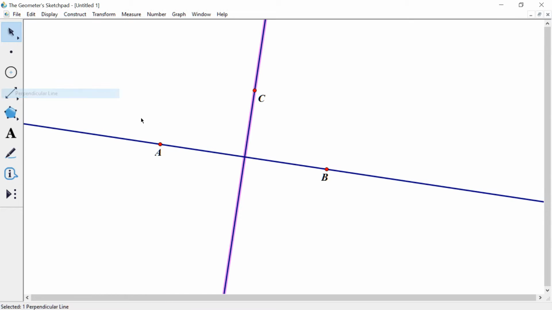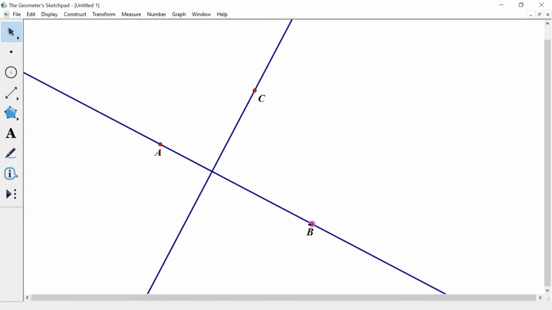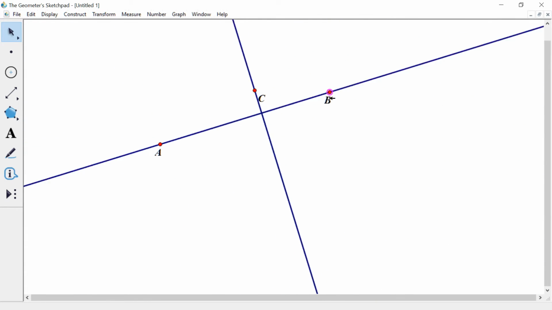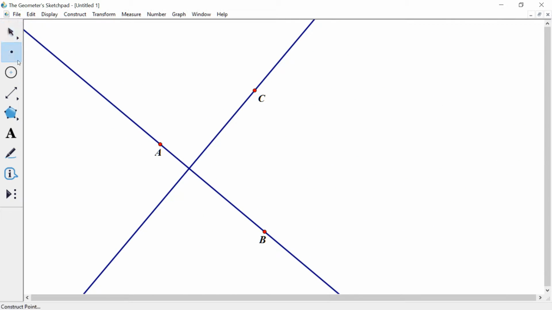So let's see if I construct a perpendicular line. Notice no matter which way I draw it, there's only one line that could ever fulfill that condition. We could even notice how when I place this point, snap it to both of those simultaneously. And let's actually measure this angle. Let's measure the angle B. I'm guessing it's going to label this DC.